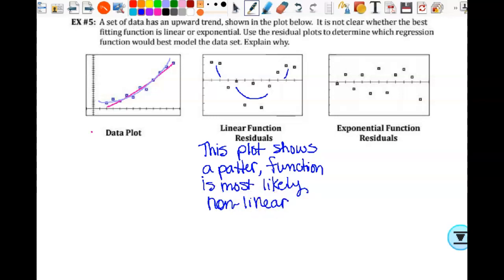Because, yeah, it gave me something else, but if that's all I had, I would say, pattern. Function is most likely nonlinear.